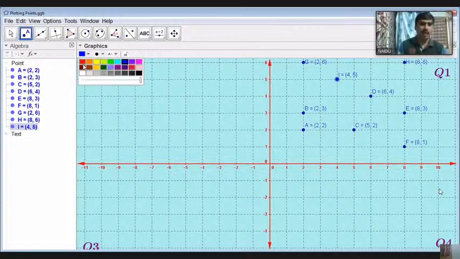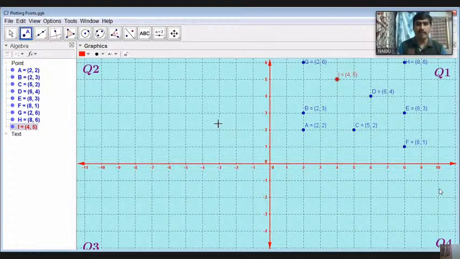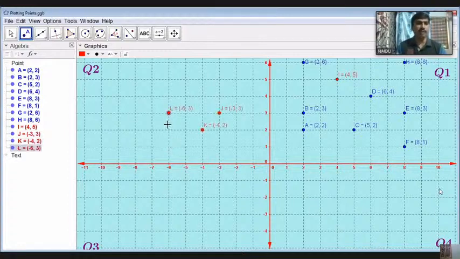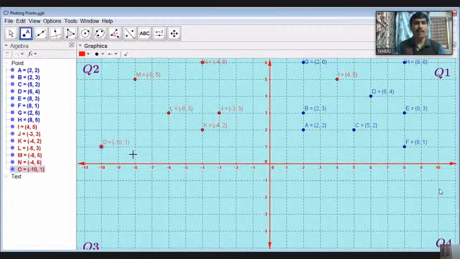Now I'm moving to the next one. I'm plotting some points here. Let us observe here. This is the point minus 3 comma 3, minus 4 comma 2. Observe carefully. Minus 6 comma 3, minus 8 comma 5, minus 4 comma 6, minus 10 comma 1, minus 2 comma 1, minus 4 comma 5.